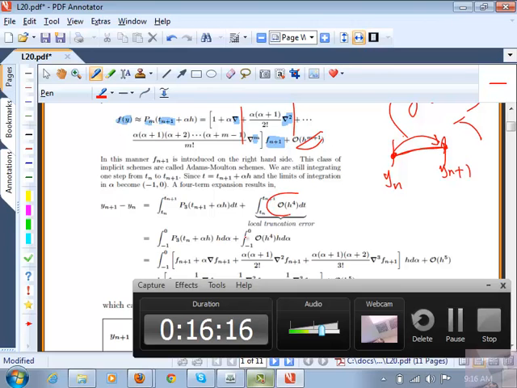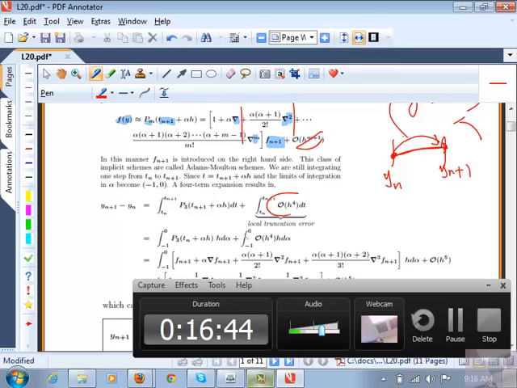So you are solving a set of nonlinear algebraic equations at every time step. Let me just show you this particular one. Here I have n plus 1, n, n minus 1, n minus 2. Four points are coupled, right. But I need to calculate fn plus 1, so I need to know what yn plus 1 is. If I didn't have an explicit method paired with this, how would I solve that? I'll just make some guess.